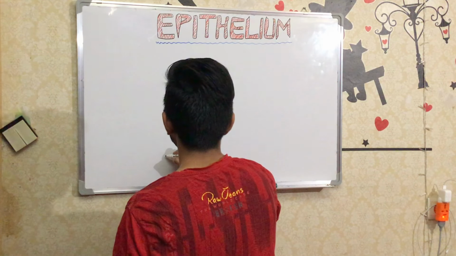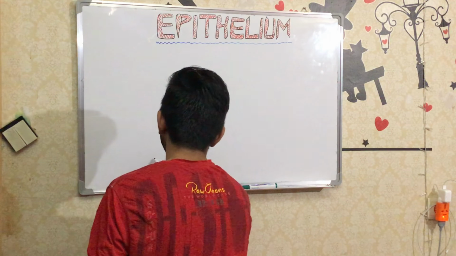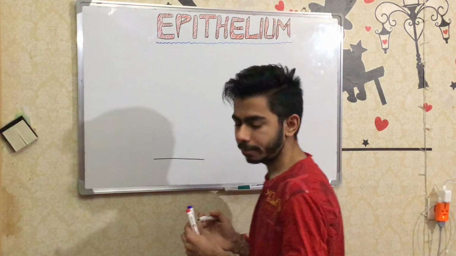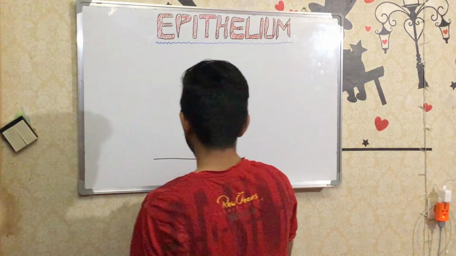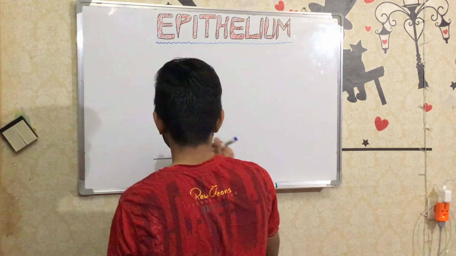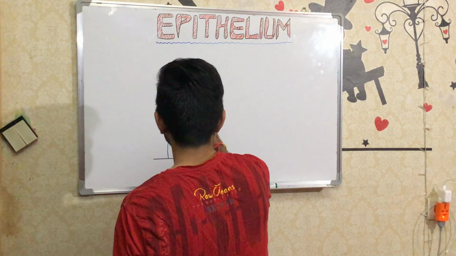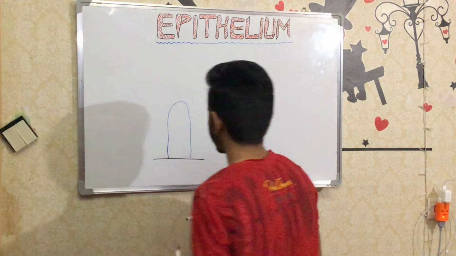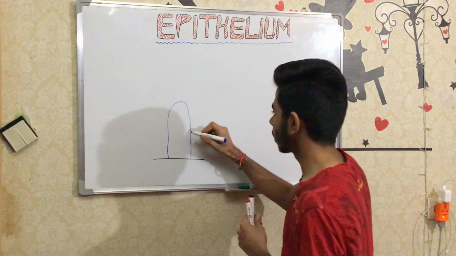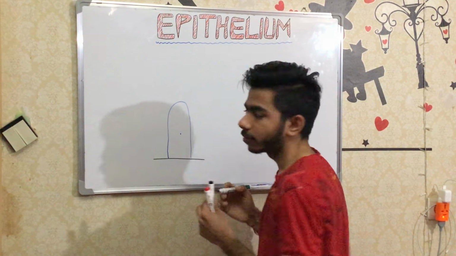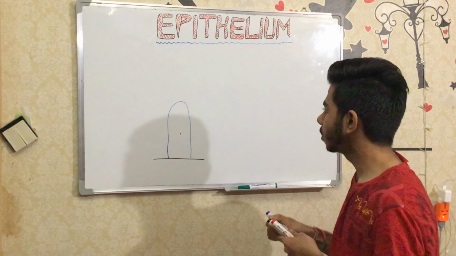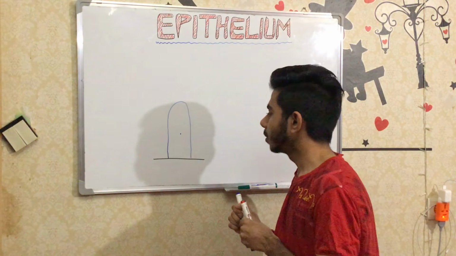So for example, here is our basement membrane, and here is one epithelial, actually columnar epithelium cell.